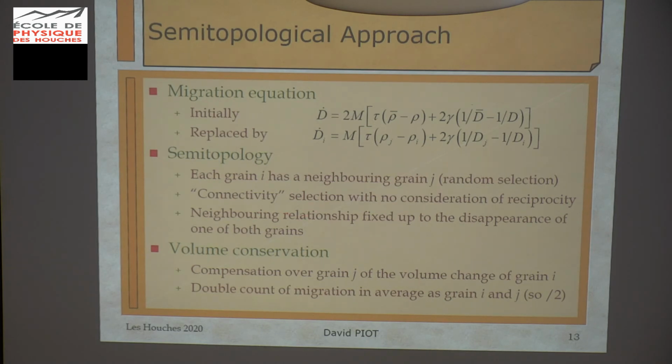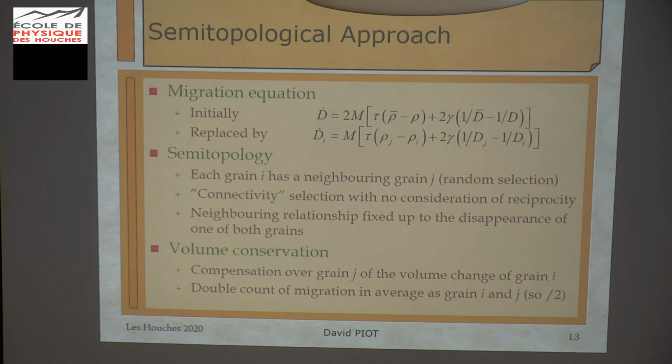The connectivity selection is done with no consideration of reciprocity, so it is not a topology, it's a semi-topology. The neighboring relationship is fixed until the disappearance of one of both grains, but it's important to keep it.